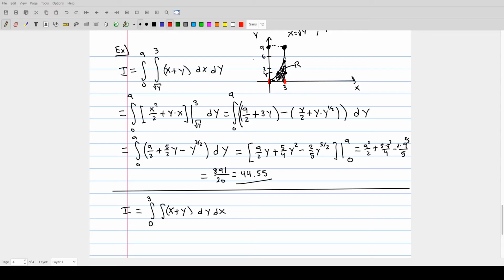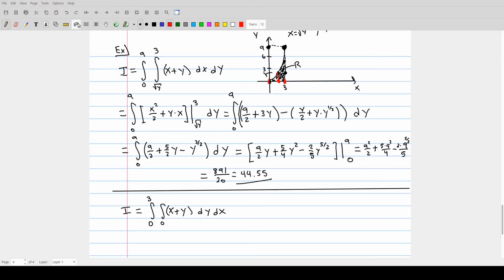And then as x goes from 0 to 3 in this region, the y value goes from a lower bound right here, which is y equals 0. So our lower bound is just going to be y equals 0. And our upper bound is going to be not 9, but given by right here.